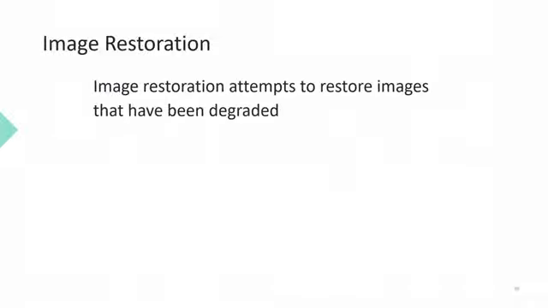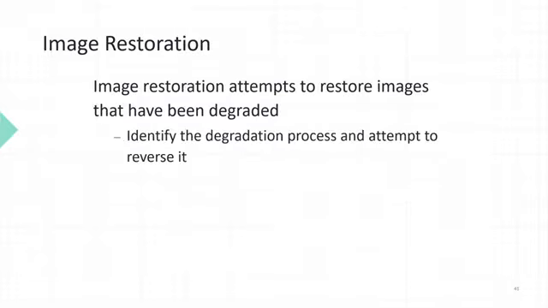Next one, let us know about image restoration. As I already said, it attempts to restore images or scenes which have been distorted or degraded by some means of internal issues or external issues like atmosphere, decay in the material, all those things. In this one, first of all, we have to identify what degradation process has happened.